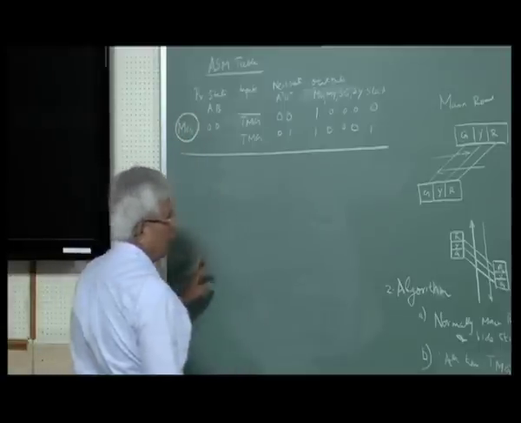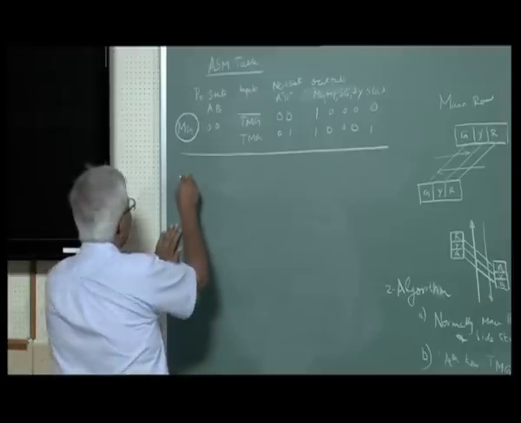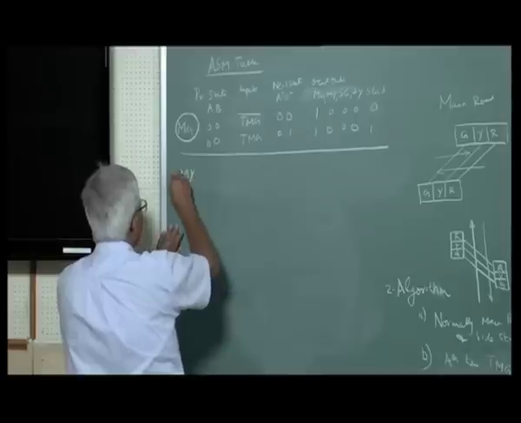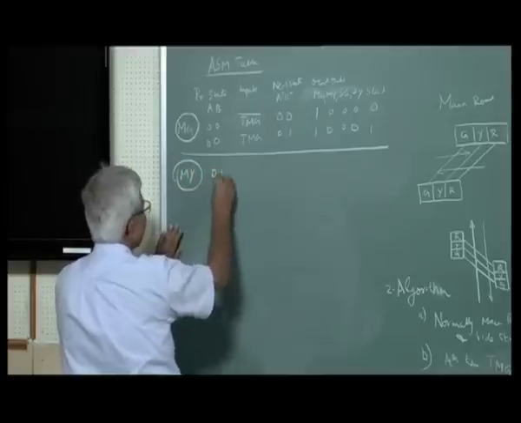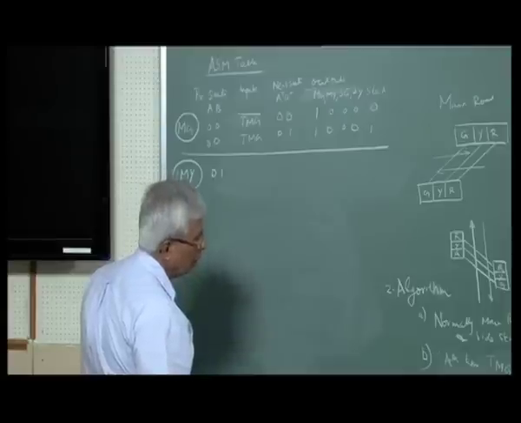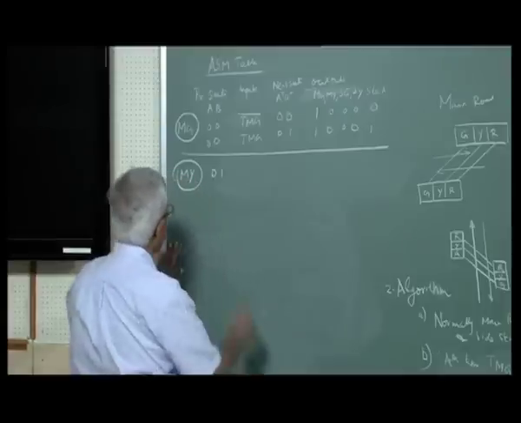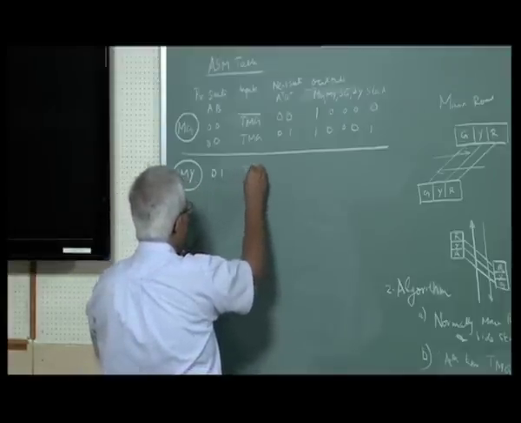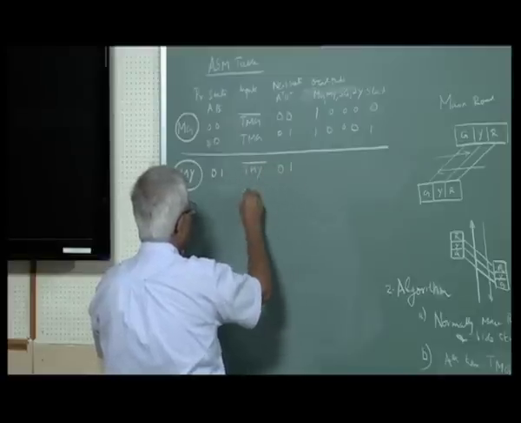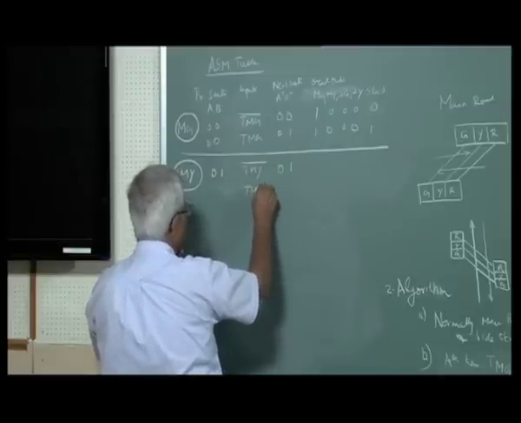Then we have the MY state. MY state is 0 1. TMY bar is 0 1. TMY is 1.